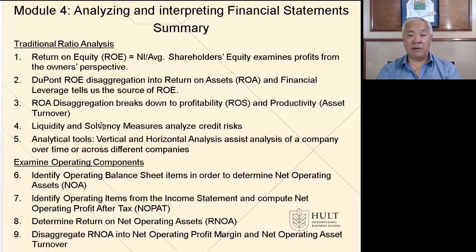And we looked at RNOA, which is the combination of the balance sheet and income statement analysis we just did. And again, we can disaggregate RNOA into the components of profitability and asset turn.